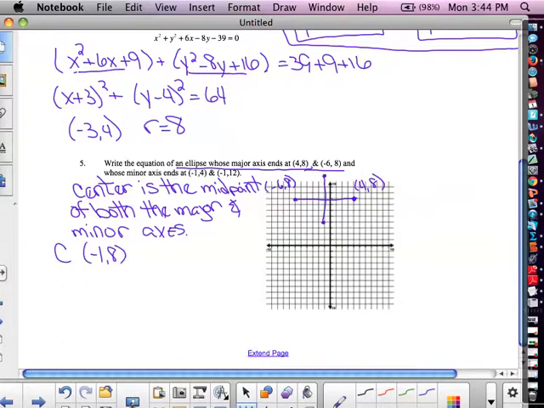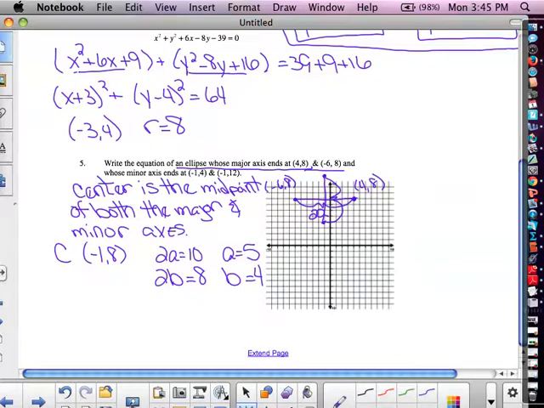And I'm asked to write the equation. So I know the length of this major axis is 2a, and that is from -6 to 4, that is 10. So 2a is equal to 10, therefore a is equal to 5. And then the length of the minor axis, which in this case is 8, that's 2b, so b is equal to 4.